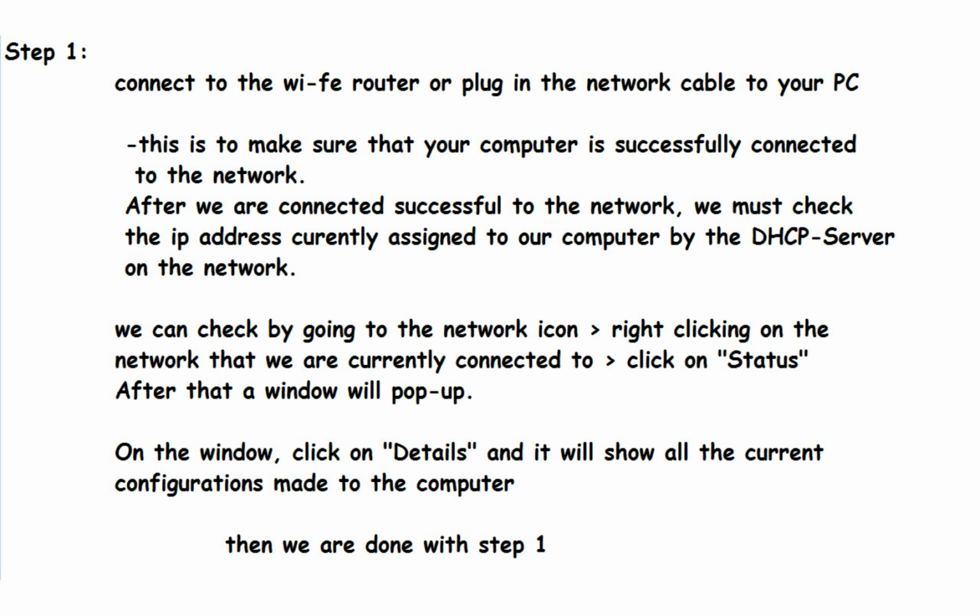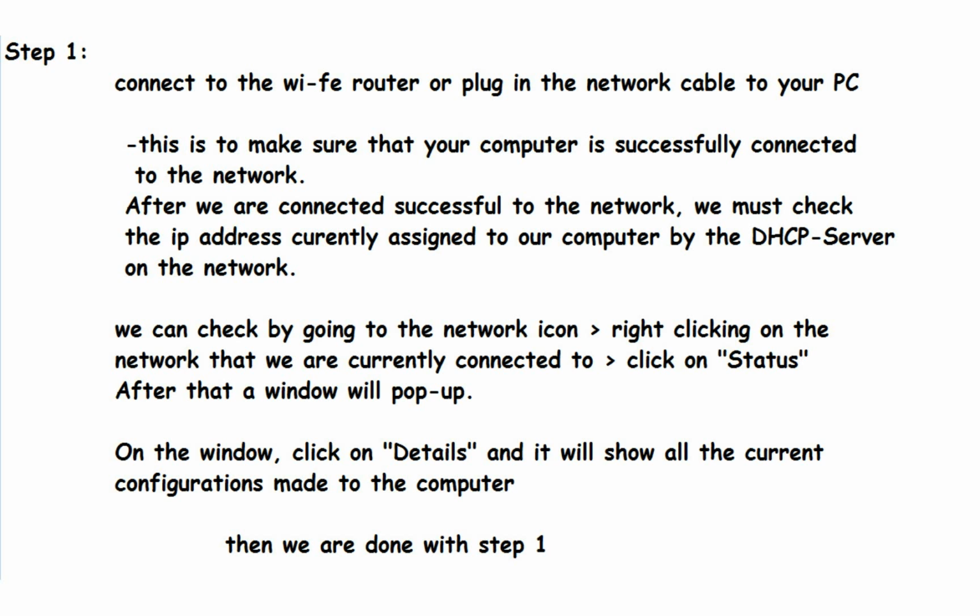But whenever you connect to a Wi-Fi router or plug a cable into a data socket, most of the network servers use DHCP, the Dynamic Host Configuration Protocol. The DHCP will automatically assign an IP address to our computer.